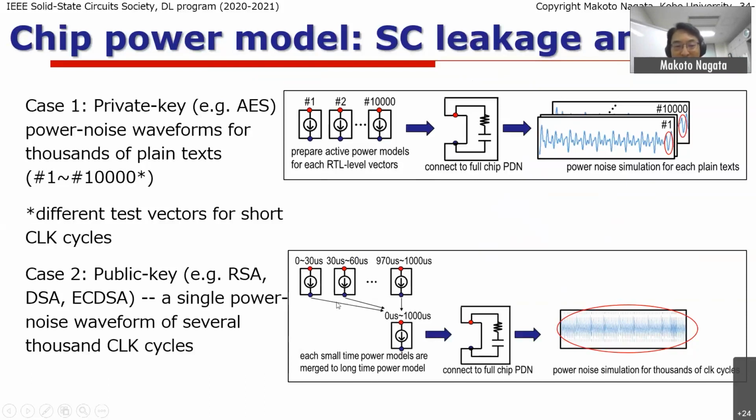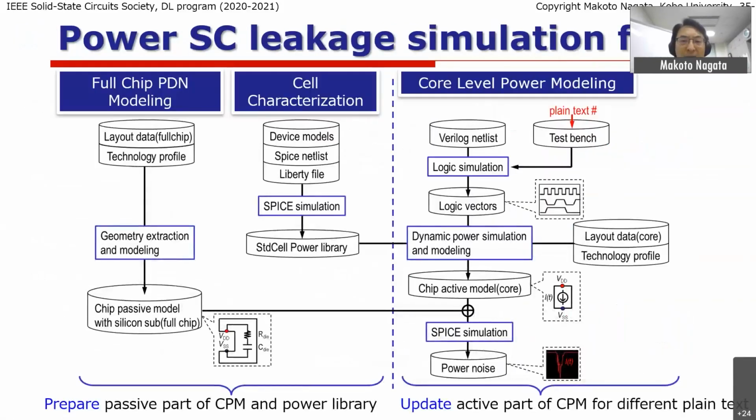As I mentioned, for the public key case we need more than thousands of clock cycles to complete the encryption or decryption, so we need to split the model into different clock cycles. And once again, the passive model can be reused.